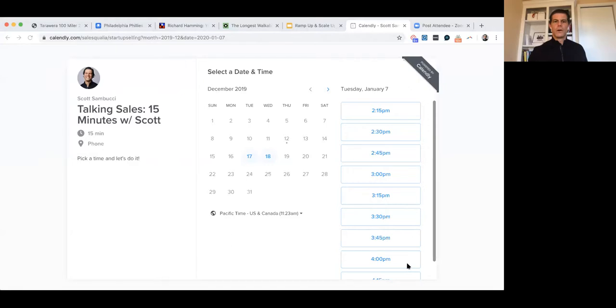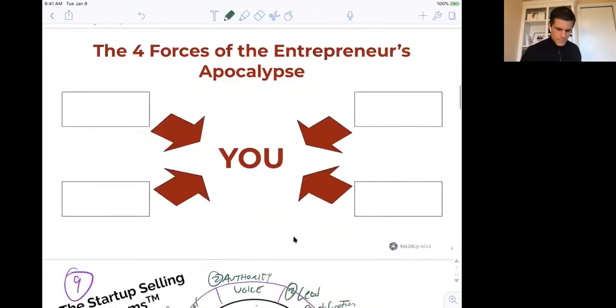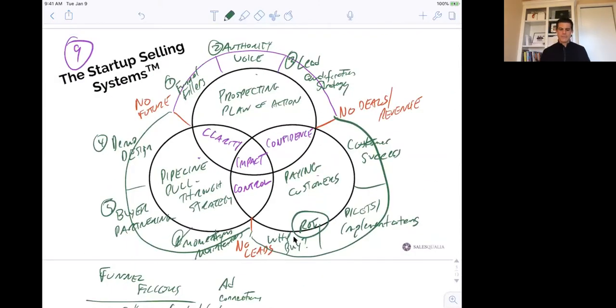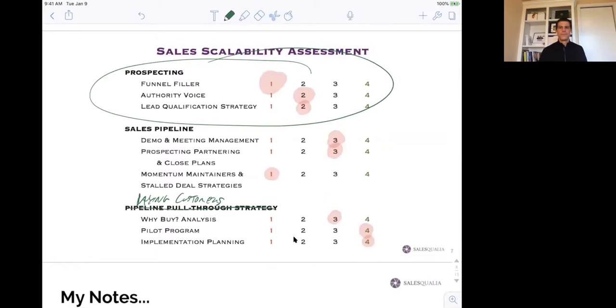So we talked about idea to impact. Many of you shared that just getting this roadmap is really, really important and really useful. We talked about these 9 startup selling systems around prospecting, pipeline, and paying customers, and we did this assessment. So what are some action steps for you?